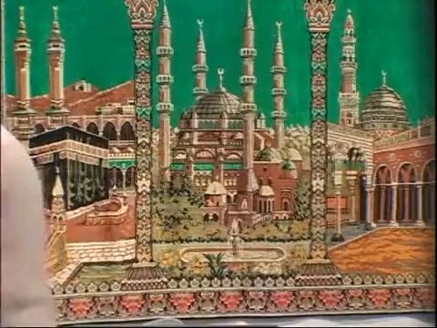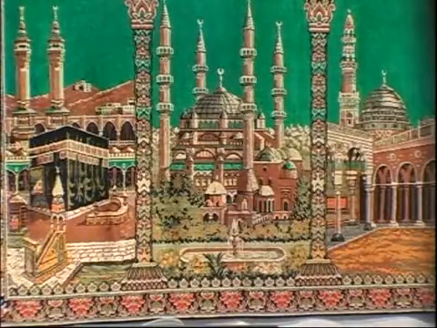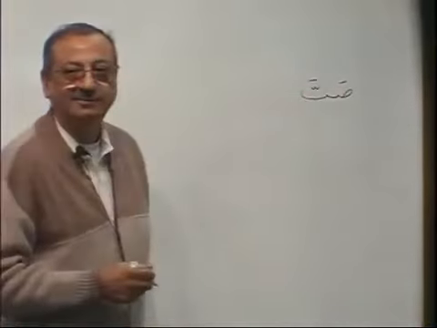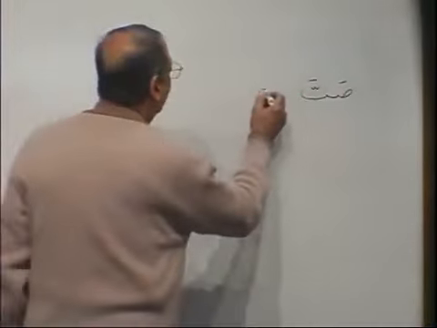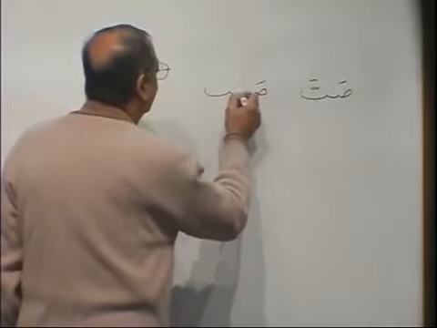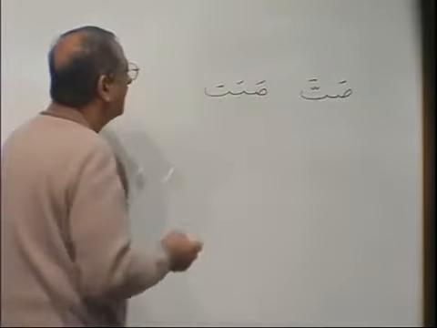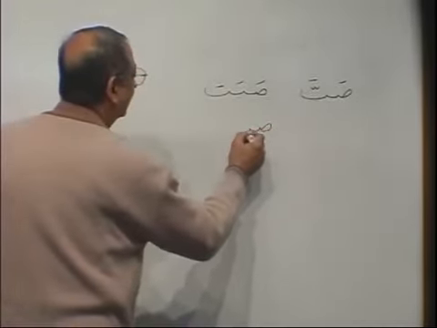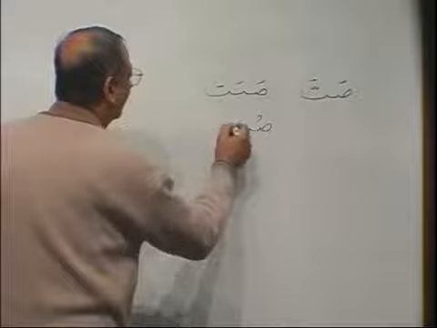Majhul. Sabba. Sabba will become subba. Okay, brother. Let me write it down, brothers and sisters. Sabba. Break it down. Sababa. Now, make it majhul. Subiba.